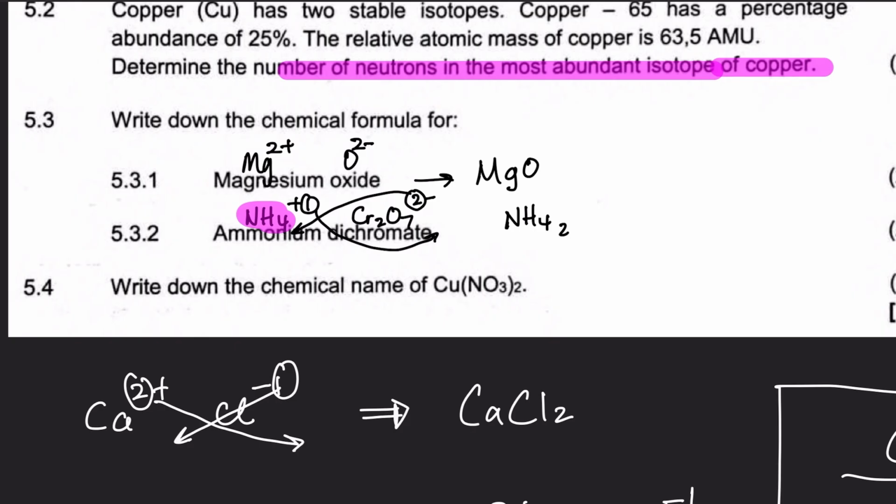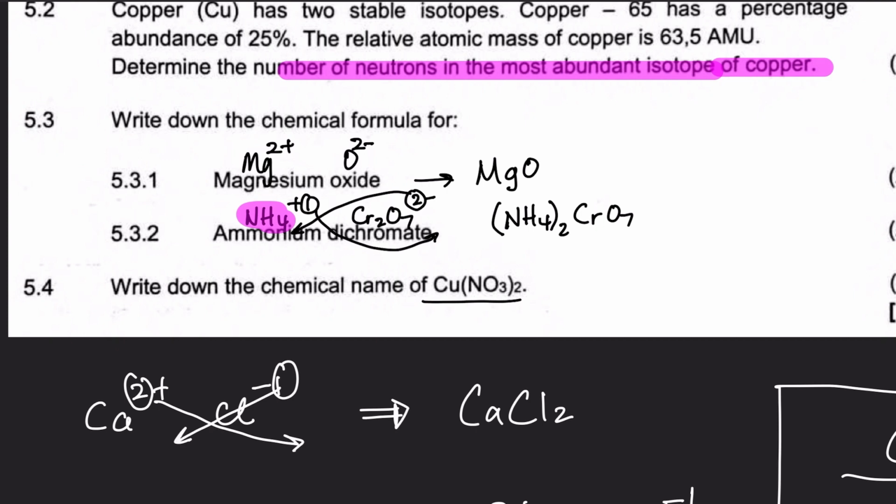Doesn't make sense. You can't write this. This is not the answer, because this could be misinterpreted as 42. Like, what does that mean? So that's why when you are cross multiplying and there's a polyatomic ion involved, use a bracket. So that's our answer.